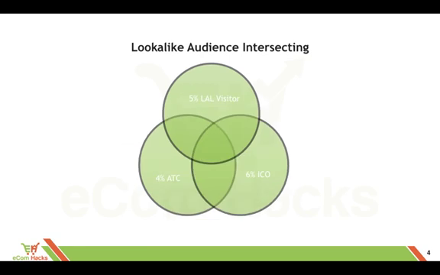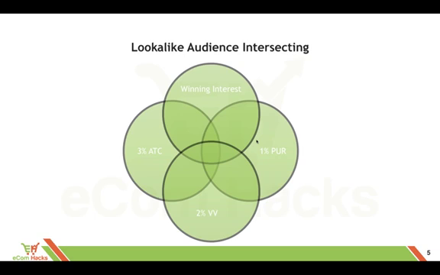Another example is you can have 5% lookalike of people who have visited your site. You can have 6% lookalike of initiated checkout, 4% of added to cart, and intersect those three and just target these people right here. This audience may be your gold mine. And another intersection, you don't need to just intersect lookalike audiences.